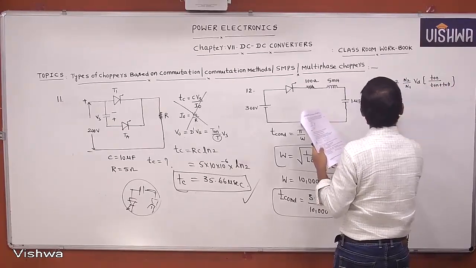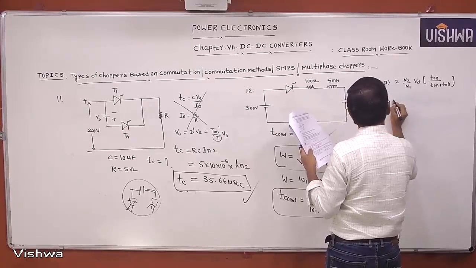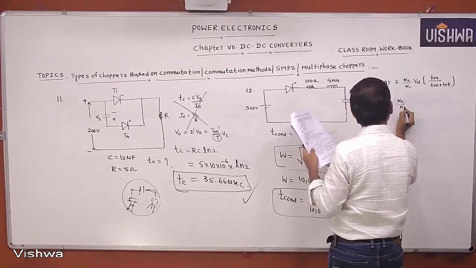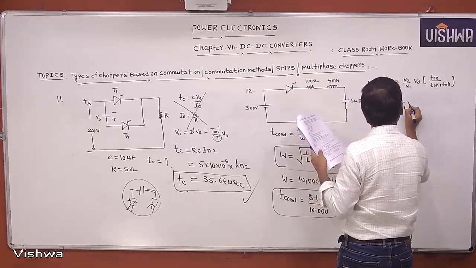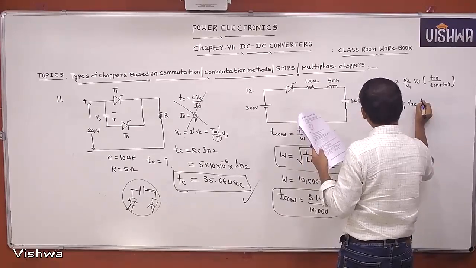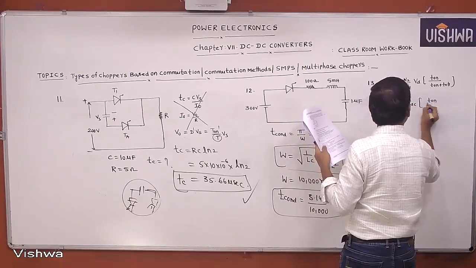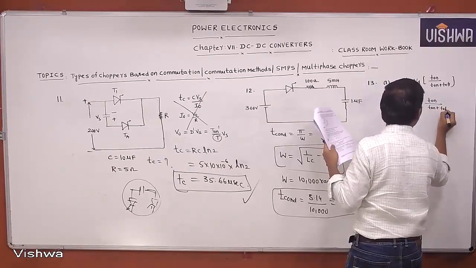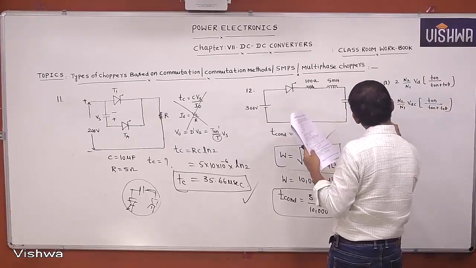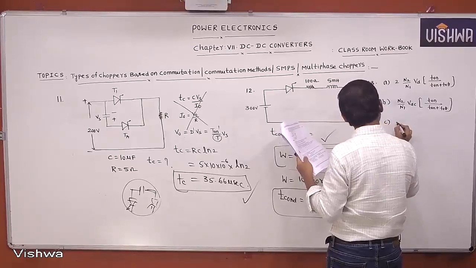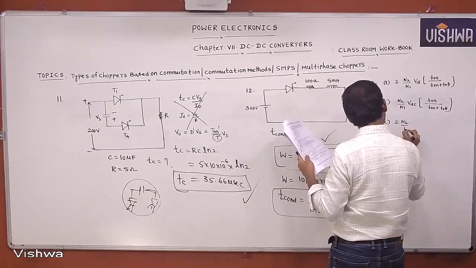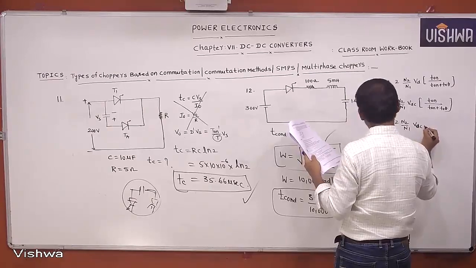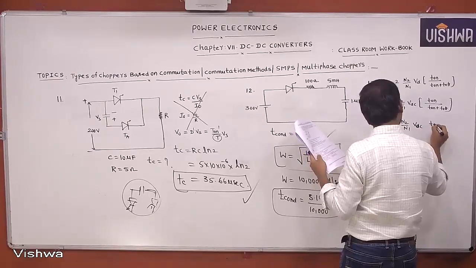Option B is N2 by N1 into Vd into T on by T on plus T off. Option C is 2 into N2 by N1 into Vdc into T on by T off.